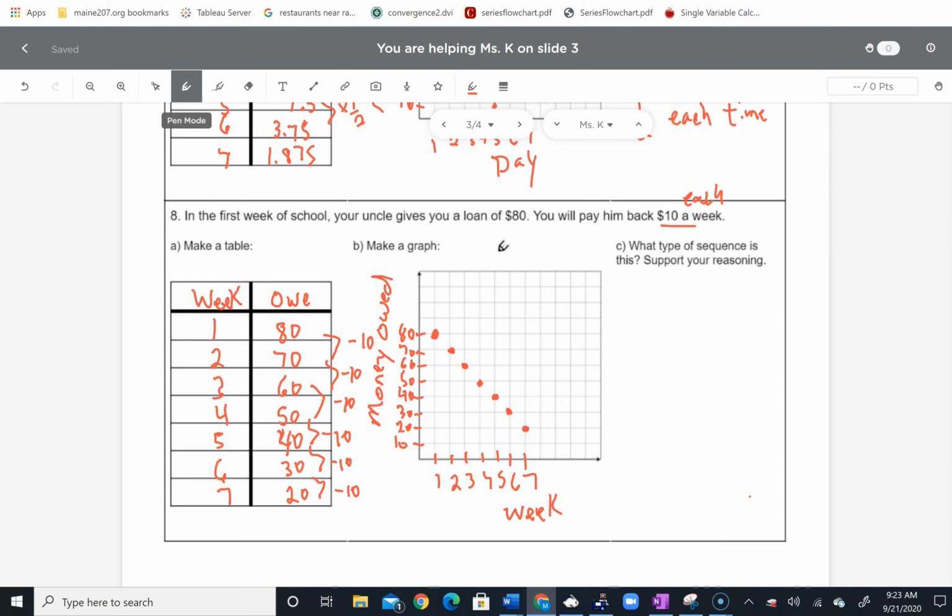You can definitely see this line. You can see I have not connected it. But what type of sequence is it? You could say the sequence is arithmetic, because the pattern is subtract 10 each time.